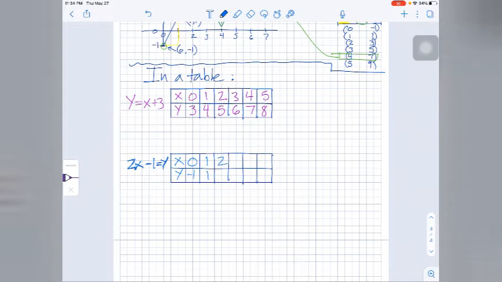When x is 2, 2 times 2 is 4, minus 1 is 3. When x is 3, 2 times 3 is 6, minus 1 is 5. 2 times 4 is 8, minus 1 is 7, and 2 times 5 is 10, minus 1 is 9. So that's how we would get these tables.